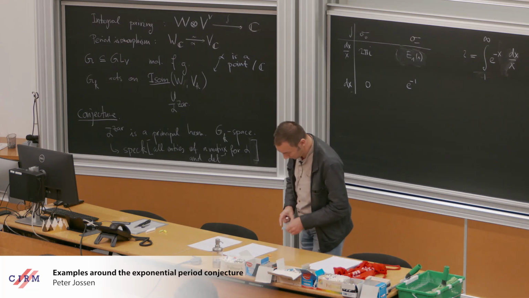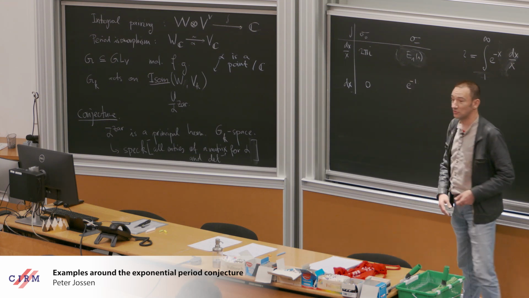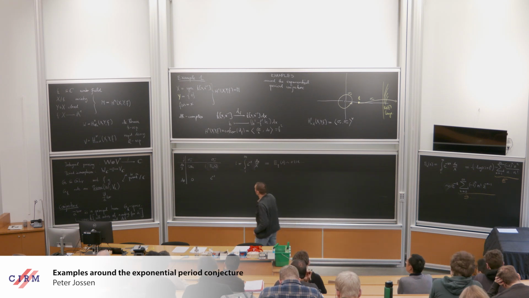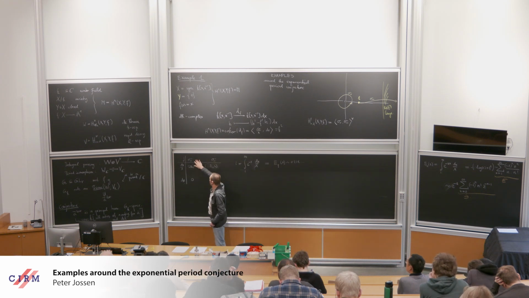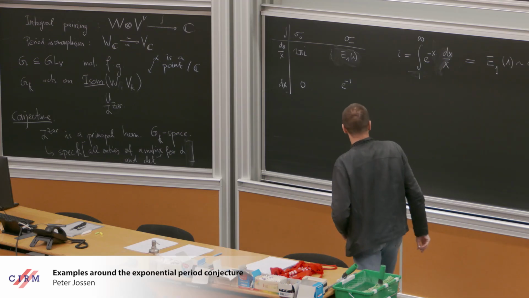So what does it do in this case here? Well, from the shape here, you guess already that the group G is going to be something vaguely upper triangular. At least I chose my basis for the de Rham and the singular cohomology in a way that puts this somehow suggestively forward.